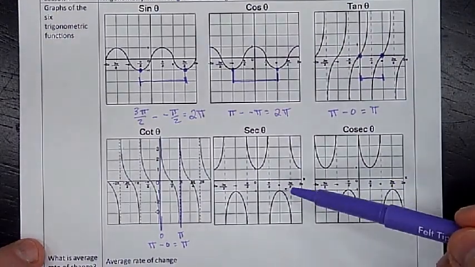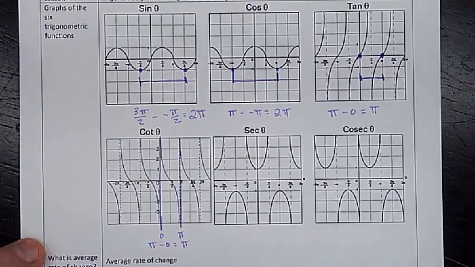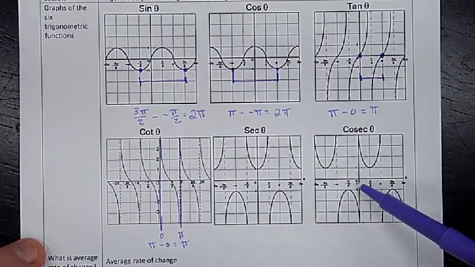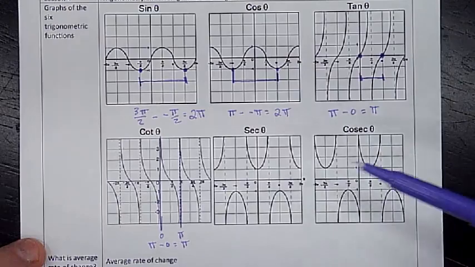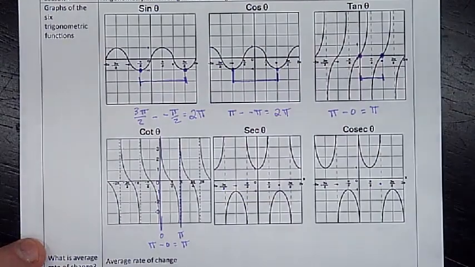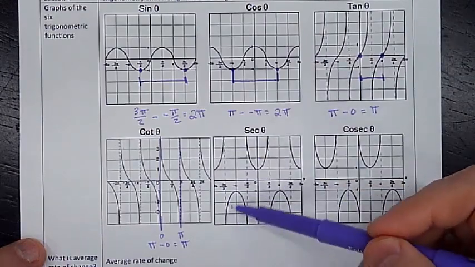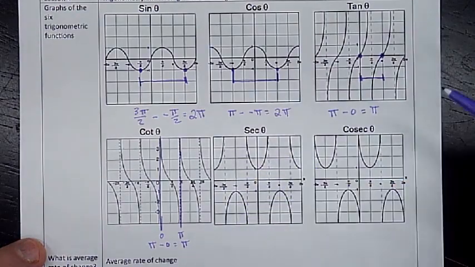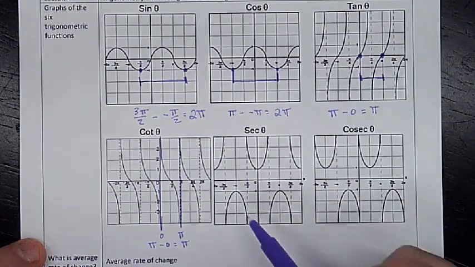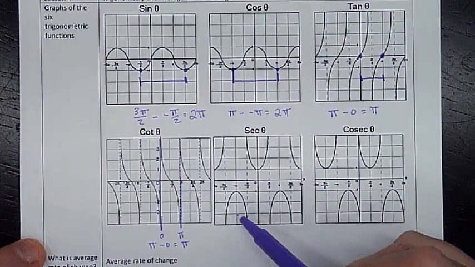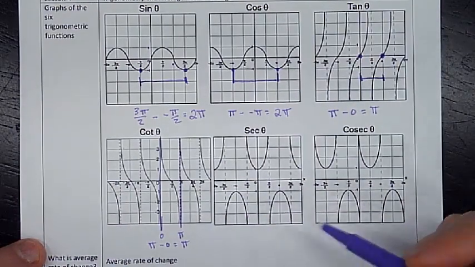When I look at secant and cosecant, they are very different kinds of graphs. Notice that they do not cross the x-axis at all. There are vertical asymptotes, but they do not necessarily represent a line of repetition. So I'm only going to look at this lower part here for the secant function.